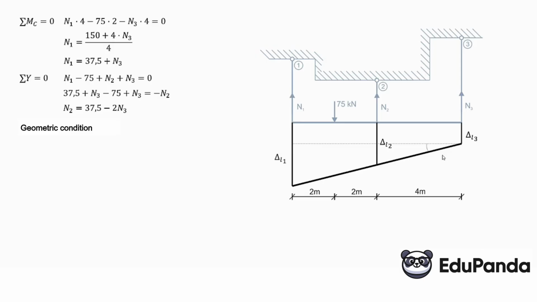And using the theorem of Thales, or the similarity of triangles, we can write that this length, which I am showing here, to 8 meters, is like this length to 4 meters. Now how to express this length here? Because this entire vertical segment is the elongation of the first rod.